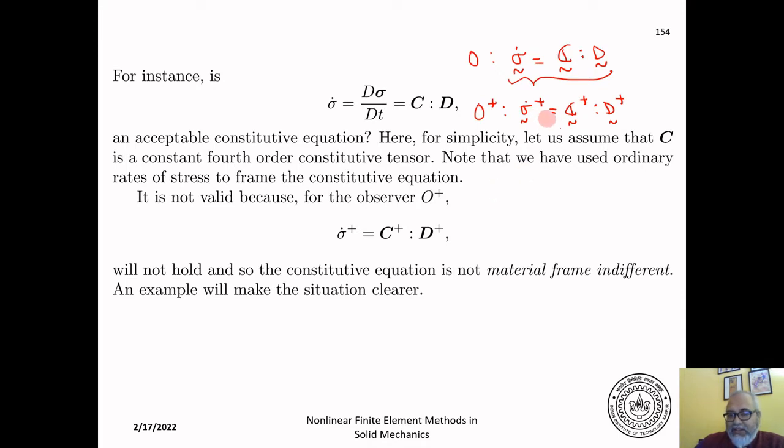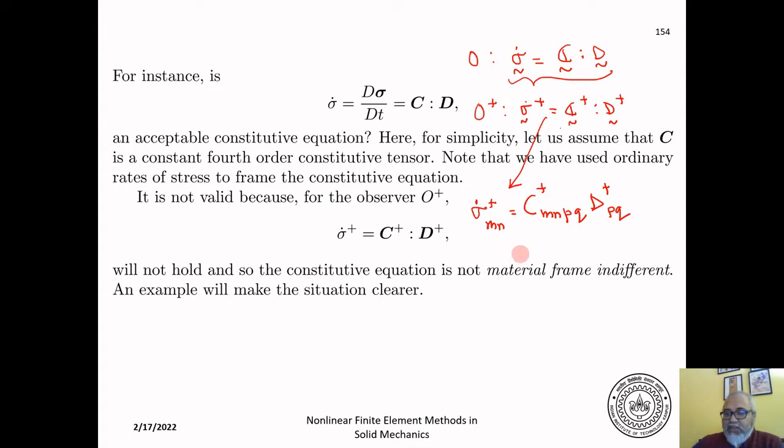Let us write this in indicial notation. So sigma dot plus mn is C plus mnpq d plus pq.